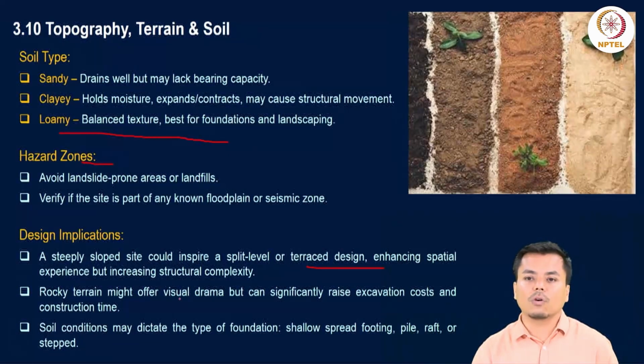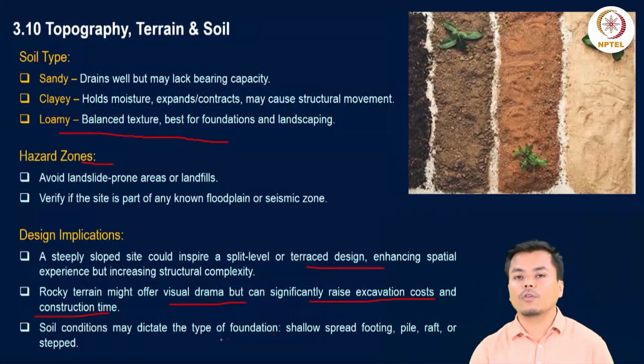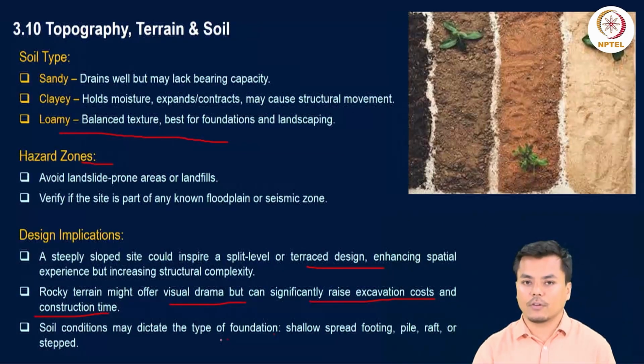Rocky terrain might offer visual drama, but significantly raises the excavation cost and construction time. Soil conditions may dictate the type of foundation, whether you are going for shallow or deep foundation, or a raft or pile foundation. All these are determined based on the site and the soil condition.